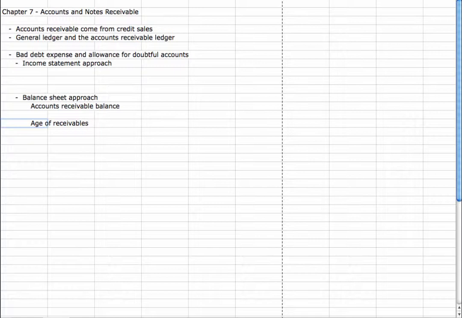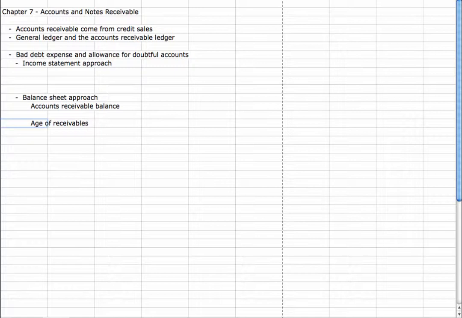Because of the matching principle that we've talked about in earlier chapters, we recognize the bad debt expense in the same accounting period as the credit sale. Unfortunately, we make this credit sale, but we do not know at that time exactly which invoice will not be collectible.